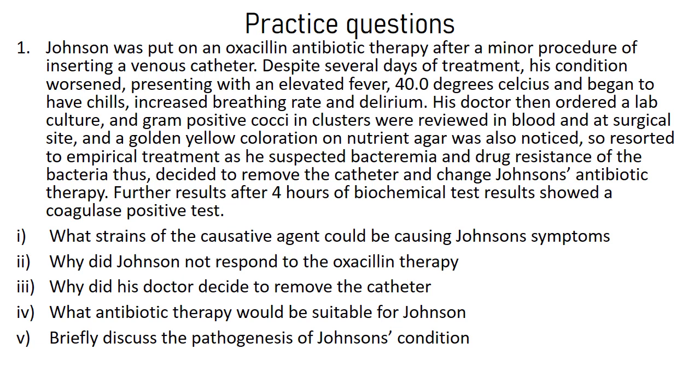So in this case, with all the characteristics that we've been provided with, we know that we are talking about Staphylococcus aureus. So the strain under Staphylococcus aureus is simply methicillin-resistant Staphylococcus aureus strains. Then why did Johnson not respond to the oxacillin therapy?